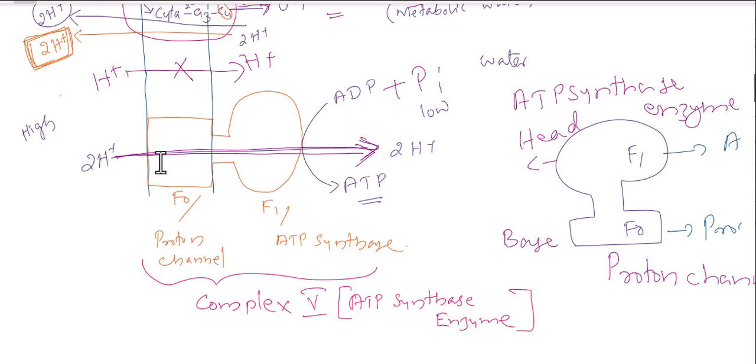Here the flow of 2 hydrogen ions is required for the synthesis of 1 ATP according to NCERT. In the new NCERT it is given a little bit differently. At least 2 hydrogen ions are needed for the formation of 1 ATP.